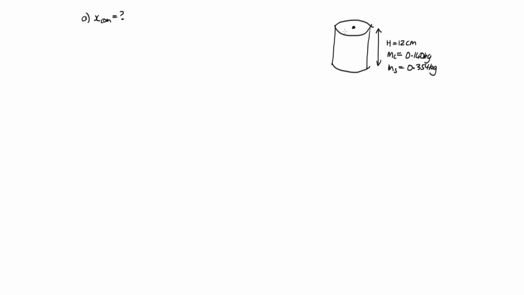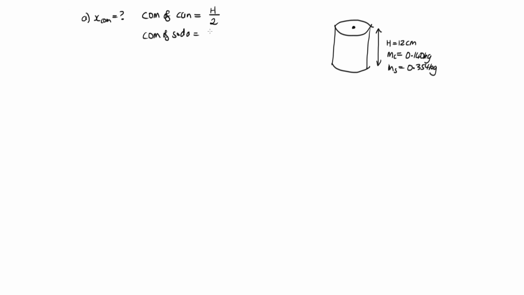So with our can, we can assume it's got the same mass up the top as down the bottom. And so the center of mass of the can is going to be equal to half the height of the can, so H over 2. And the center of mass of the soda will also be right in the middle, because initially it's filled all the way to the top, so we've got as much mass above the midpoint as below it.